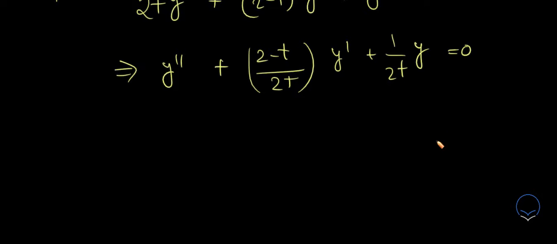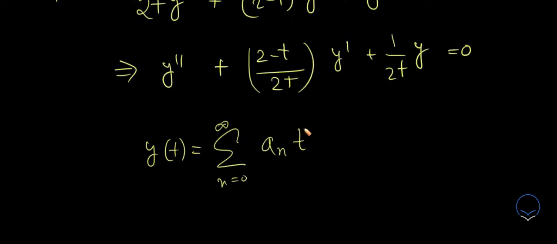Now we try a solution, y of t equals the sum over n from 0 to infinity of a_n t to the power n plus r. This is the kind of solution that we have been trying, and we already know how to do that. You need to differentiate it twice, put it over here. You need to differentiate once, put it over here. Then you need to put this whole thing over here.